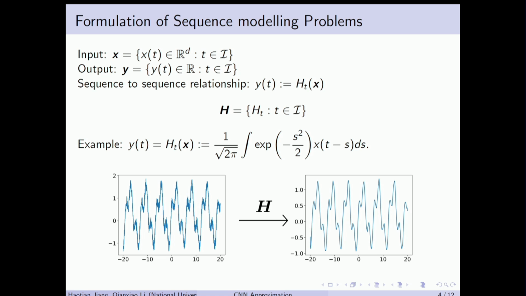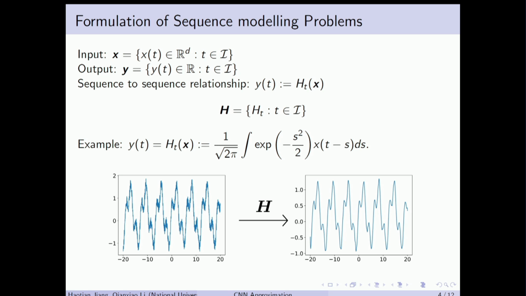And here I'm just going to give an example. A very simple sequence to sequence relationship is just a convolution. When we have input sequence x, we consider the convolution with a Gaussian kernel.